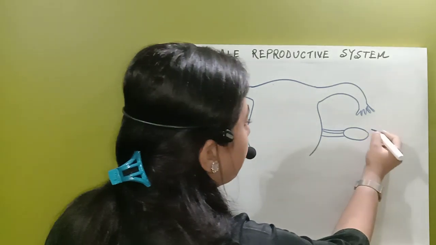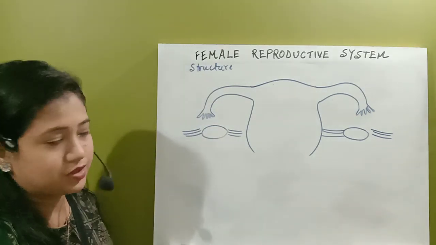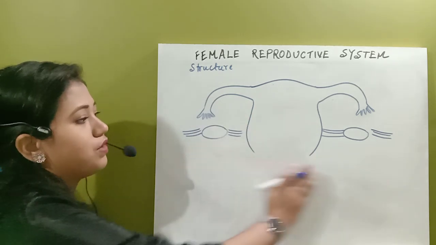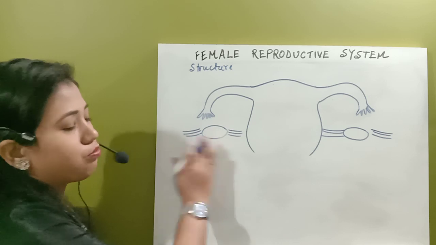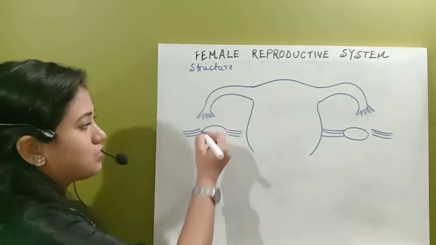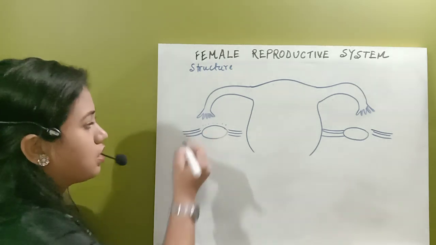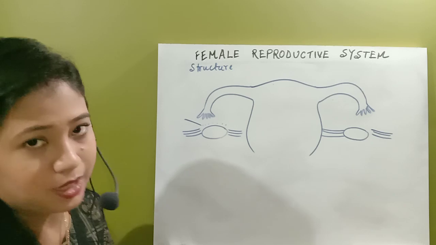So here also we will have the broad ligament or suspensory ligament. On the back side, that means posteriorly, we also have the peritoneal fold, and that peritoneal fold also supports the ovary. This peritoneal fold is known as the mesovarium.